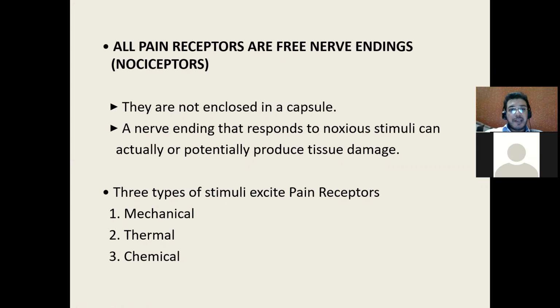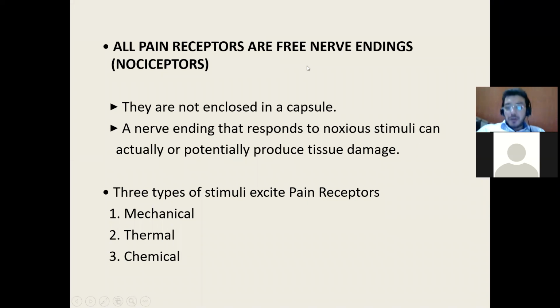A nerve ending that responds to a noxious stimulus actually or potentially produces tissue damage, because you know tissue damage in the body is there, even in inflammation. So the body will respond by damaging something to itself to prevent a major damage. So that you have to understand.